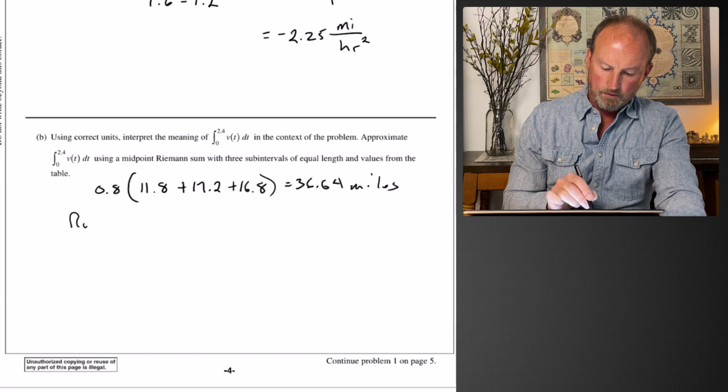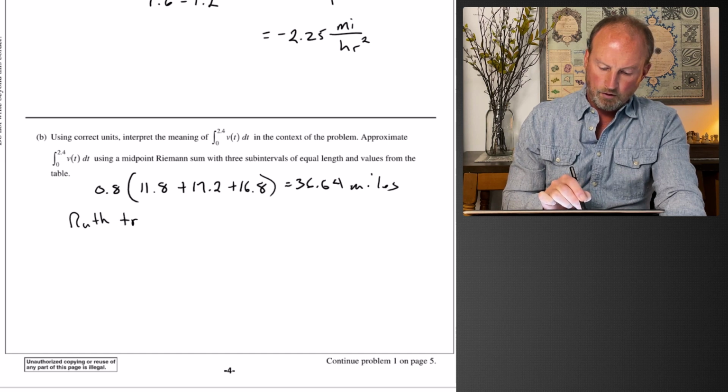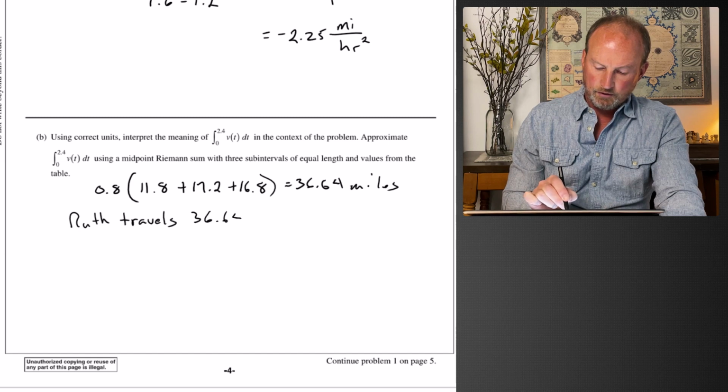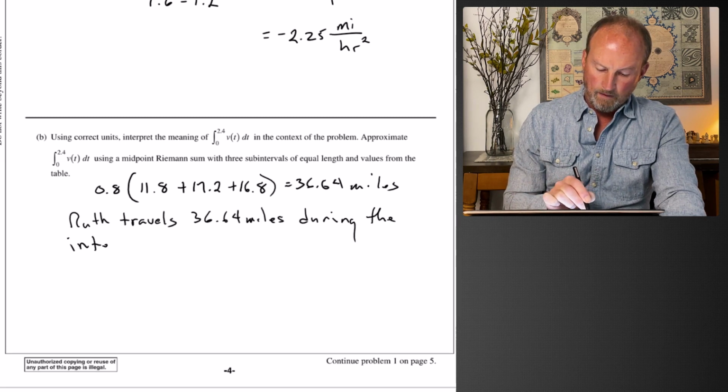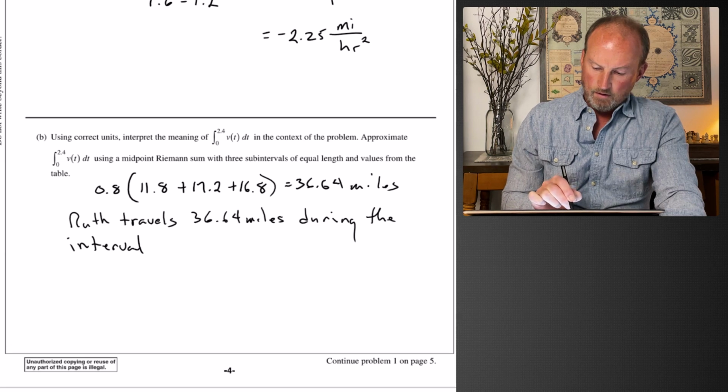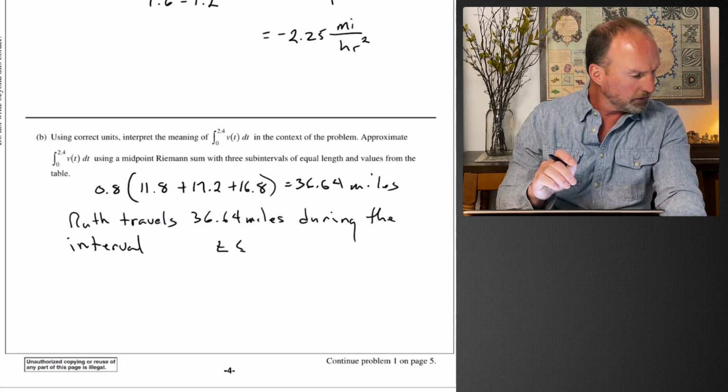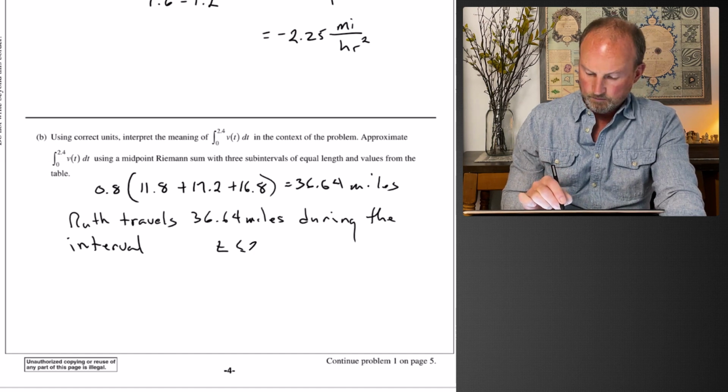Ruth travels 36.64 miles during the interval of t is less than or equal to, I forgot the interval, 2.4?